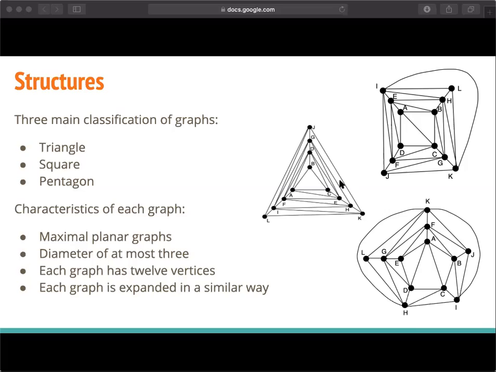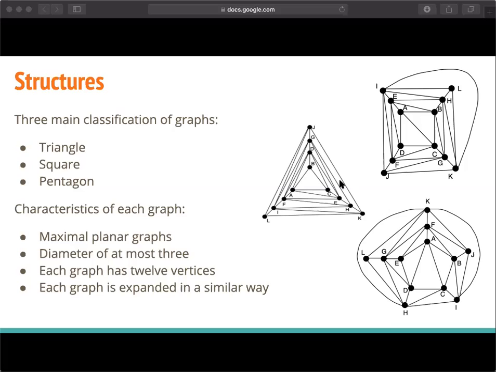Well, in order for it to be a maximal planar graph of diameter 3, those graphs required a minimum number of 15 or 20 vertices to be constructed. So I didn't really look at those.